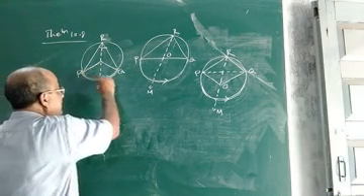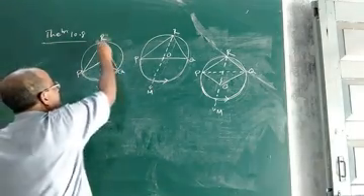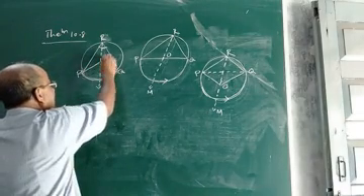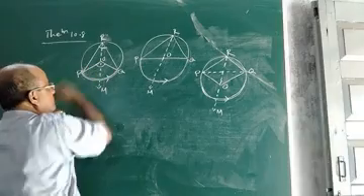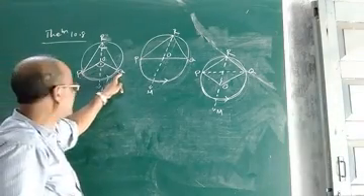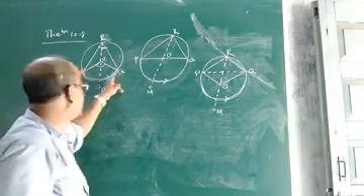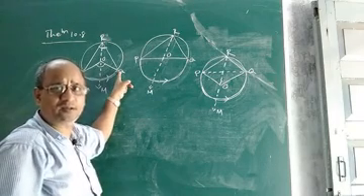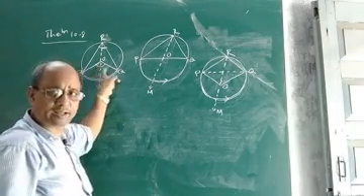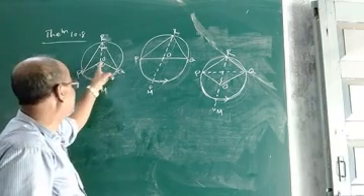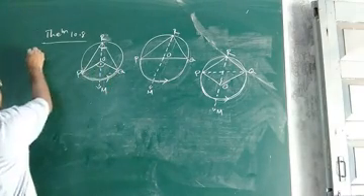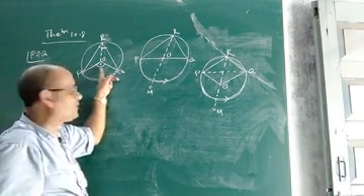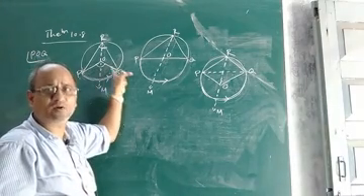That means this minor arc PQ subtends this angle PRQ on the remaining part, and at the center, suppose this center. Now this is the minor arc, the two endpoints are P and Q. First you join the two endpoints to the center. If you join the two endpoints of the minor arc to the center, you will get one angle at the center. So angle POQ is the angle subtended by this minor arc PQ at the center.